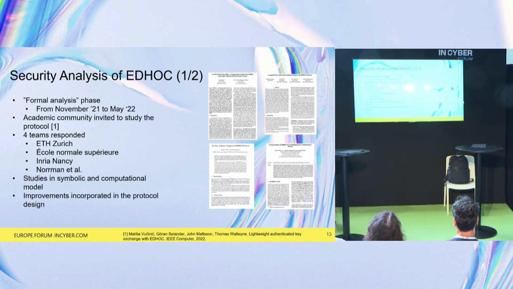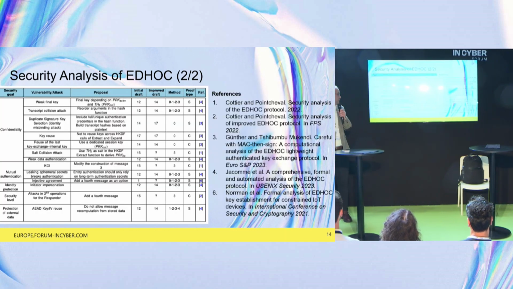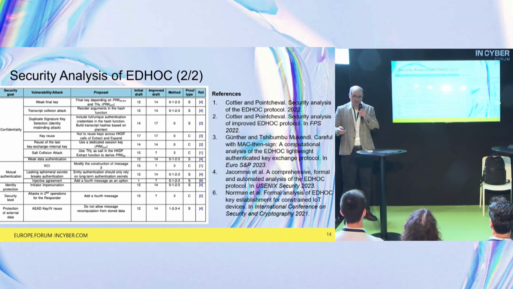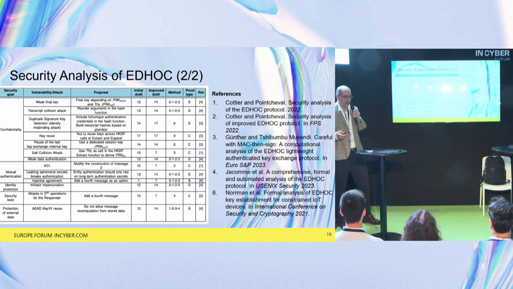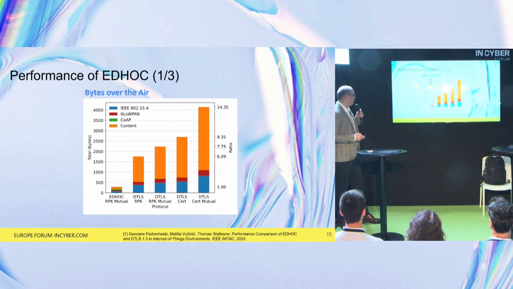And they did find vulnerabilities, which were later treated and mitigated in the future versions of the protocol before it was published as an RFC. What you see here is just a summary of the different attacks that were found by the academic community on the early versions of the protocol in some advanced threat models.